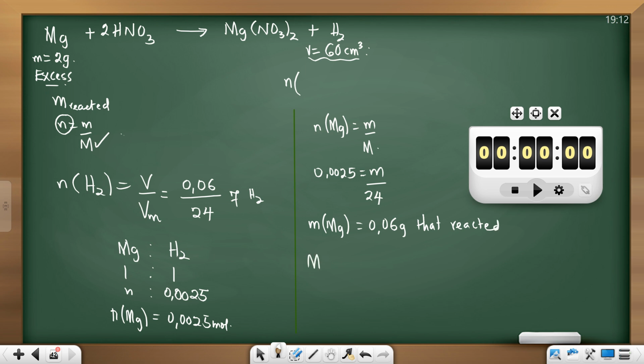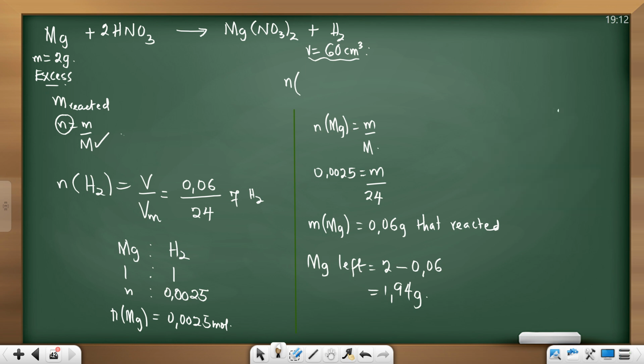So mass of Mg left behind, 2 minus... oh, you guys got it correct. 1.94 grams. Guys, are we all okay? Stoichiometry is getting there gradually. Whatever was produced was produced from what reacted. So 0.06 grams will produce 60 cm cube there. So what is left? 1.94. Okay, guys, let's move.